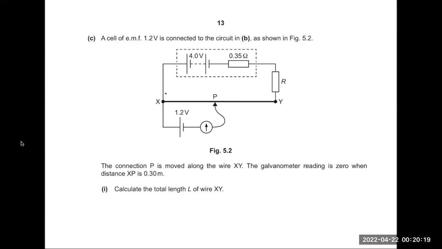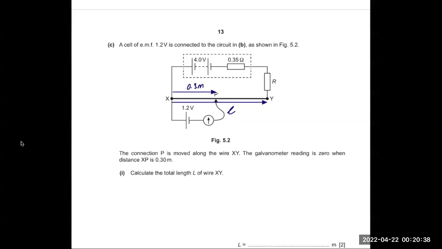So this distance here, XP, is 0.3 meters. The total length of this wire XY is L.